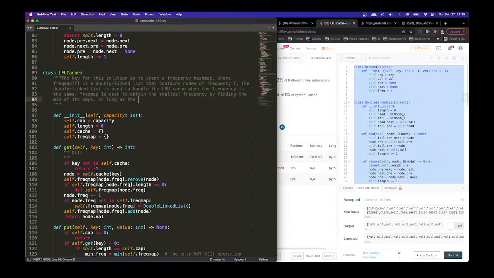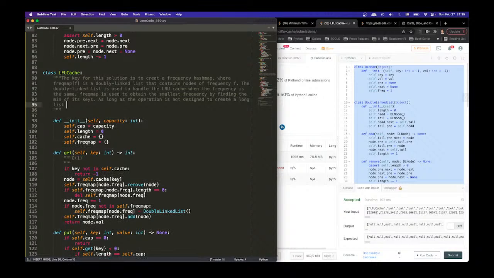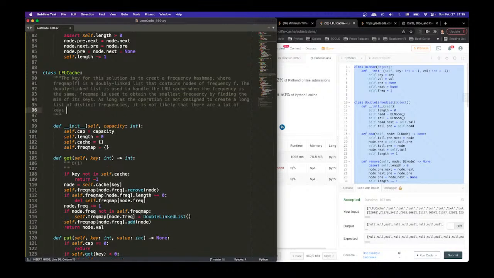As long as the operation is not designed to create a long list of distinct frequencies, it is not likely that there are a lot of keys in freq map.